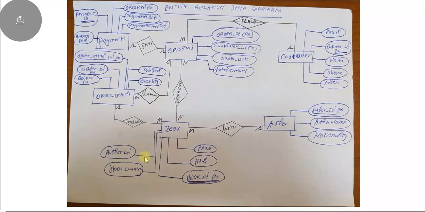And then you have the relationship between books and the author, where that relationship is many to many relationship, is one to many relationship, sorry, because only one author can write many books.